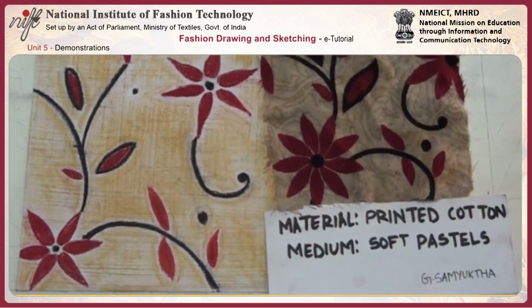Here you are watching the rendering of a printed cotton fabric using soft dry pastels. As you can see, a ground yellow has been applied with a lot of tonal variations. On top of that, the floral motif is rendered as intricately as possible.